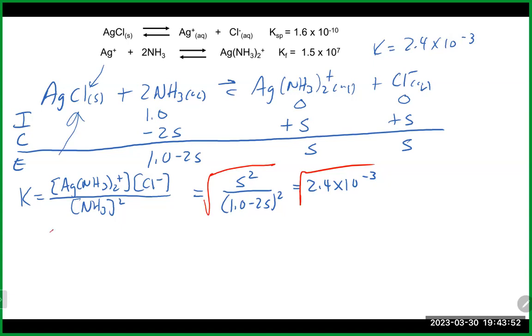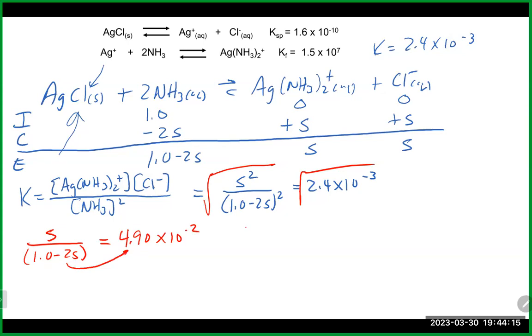That would give you S on top, and it'll give you one of these guys on the bottom. And I should remember to actually square root that guy on that side. So we're going to take the square root of 2.4 times 10 to the minus 3, which gives us like 4.90 times 10 to the minus 2. We're going to multiply that to the other side.